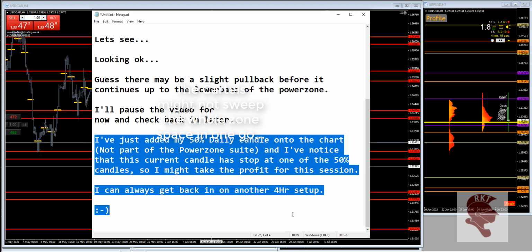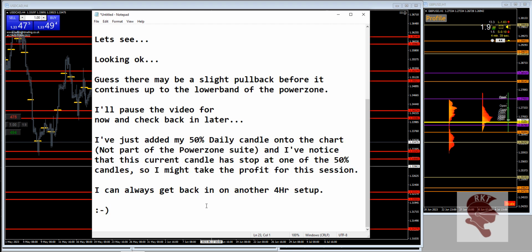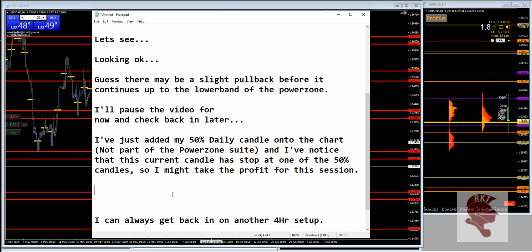Okay, so this indicator on my chart as well is what I call the 50% discount indicator. Now I can set that to any time frame. It can be on a 5-minute time frame, whatever time frame you want, but generally I set it to the daily time frame, irrespective of what chart is on, because when I do my top down, the daily candle is basically what I'm using to get some indication of what might happen throughout the day.